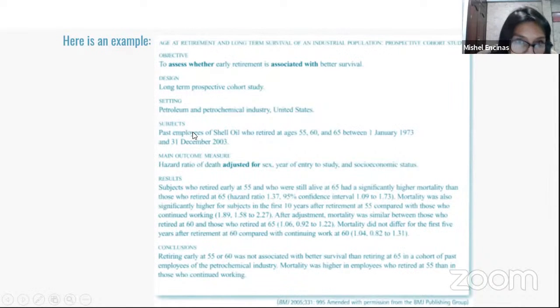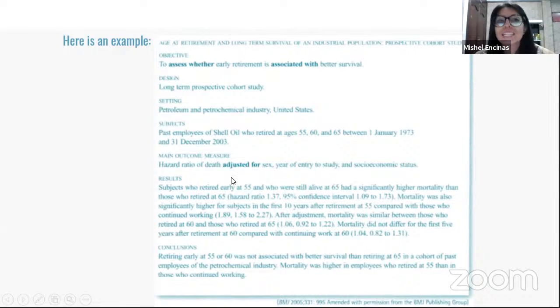The subjects: past employees of Shell Oil who retired at ages 55, 60, and 65 between 1st January 1973 and 31 December 2003.